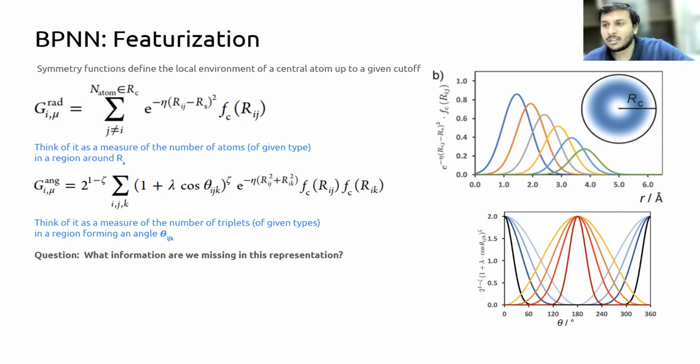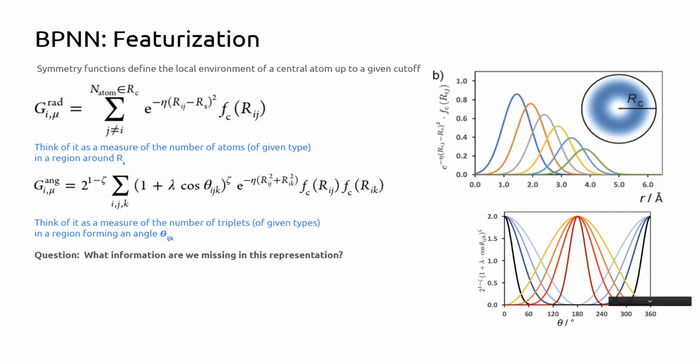And then I'm also going to look at, for example, if I sit on a particular hydrogen, what angle our oxygens and hydrogens make at a particular distance from this. Now, what kind of information are we missing here? Anybody wants to answer this? Kit, yeah, go for it.